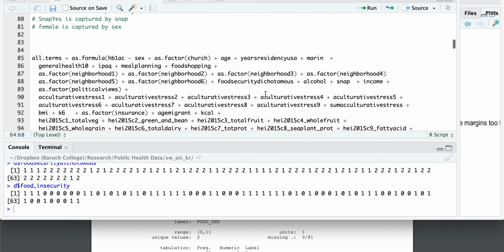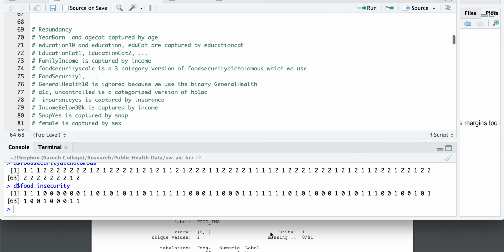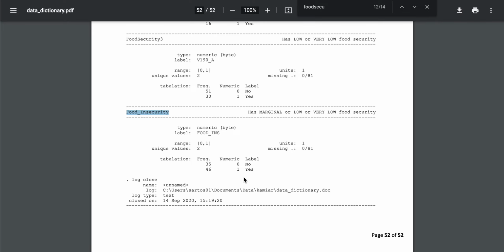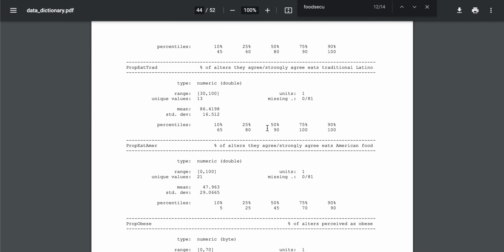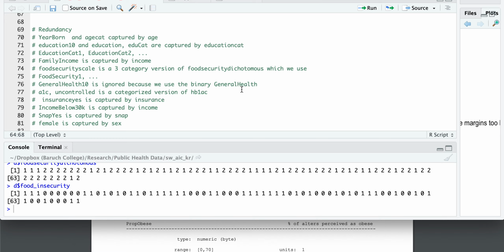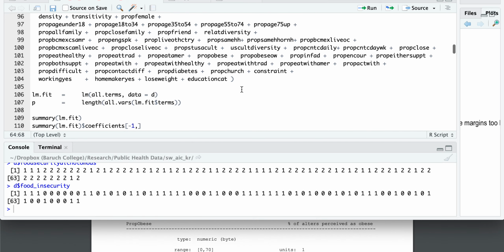Yeah, I can search, but anyway, this is enough. So you got the idea what we're doing. I don't want to spend too much time. So we got to the end, 52 pages, but this is the process, and this is how you get to create an initial list of the terms, okay.